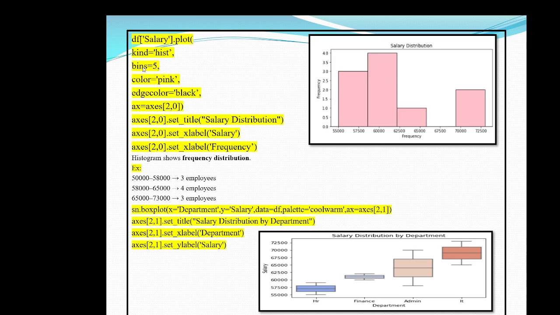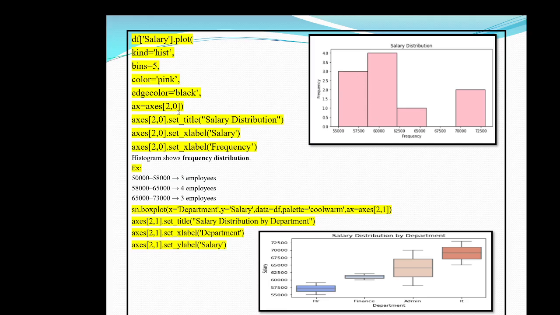That means divide those distribution. Generally, a histogram shows the frequency distribution. And I wanted to represent the salary into 5 bins, and each bin's color should be pink, and every bin should be bounded with edge color as black.